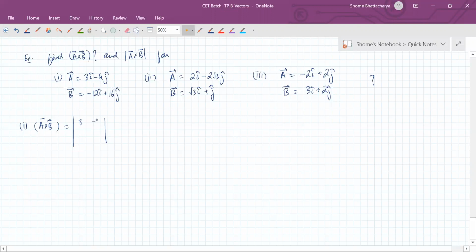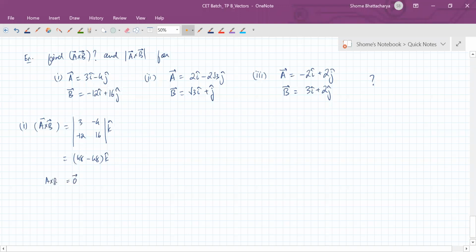A's components are 3, minus 4, and minus 12, 16 for B. So this becomes 48 minus 48 k cap. So it becomes a null vector.